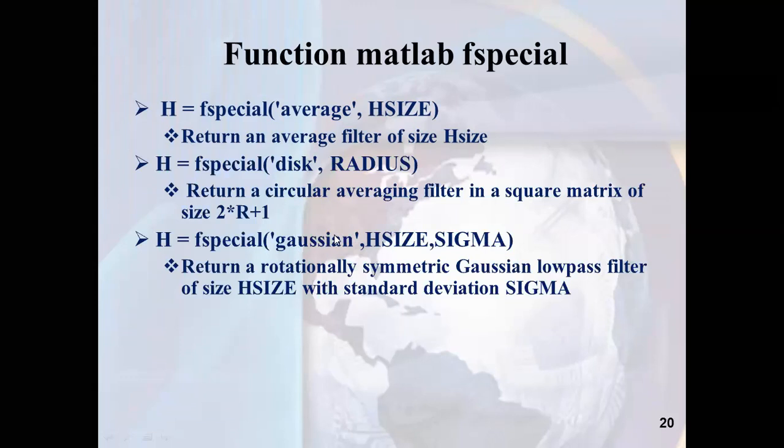As you know, Gaussian contains the size of the filter and contains sigma, because each Gaussian filter has a sigma, which constitutes or determines the property or feature of the Gaussian filter. You know the Gaussian filter, its shape is a bell. Of course, the value of sigma makes the size of the Gaussian smaller or bigger.